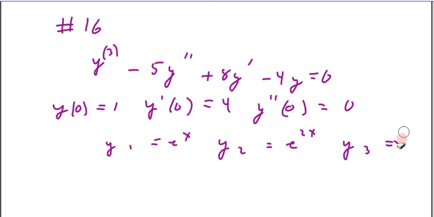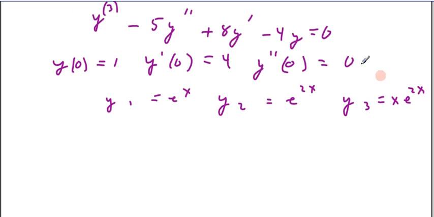Let's see if I can do that better. y3 is x e to the 2x. Now, rechecking the problem, making sure I have it written down right. Otherwise, things will not turn out good. Okay, so that looks halfway decent.